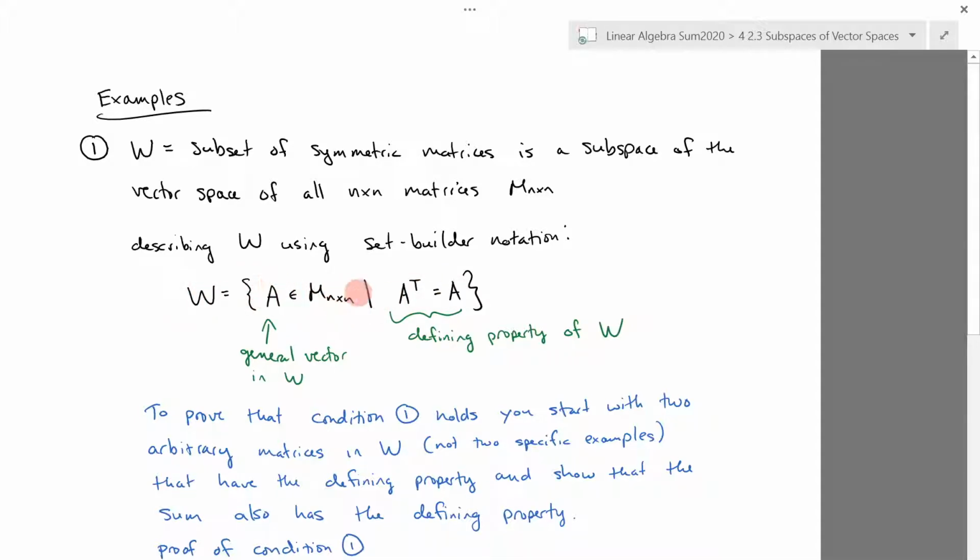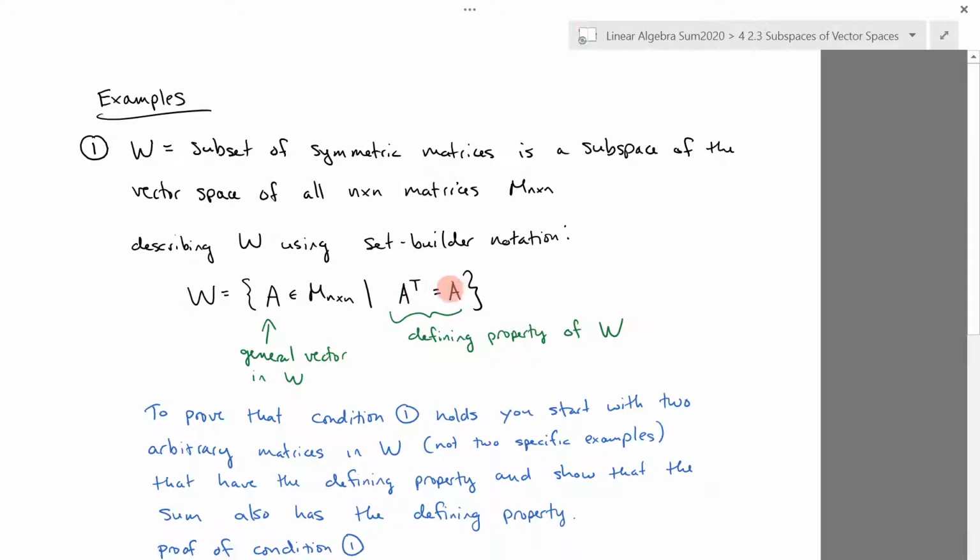When we use set builder notation, usually there's two parts. On the left, we describe what a general vector looks like. Typically a vector is going to be an n by n matrix, so this notation just says that some generic matrix A is an n by n matrix.